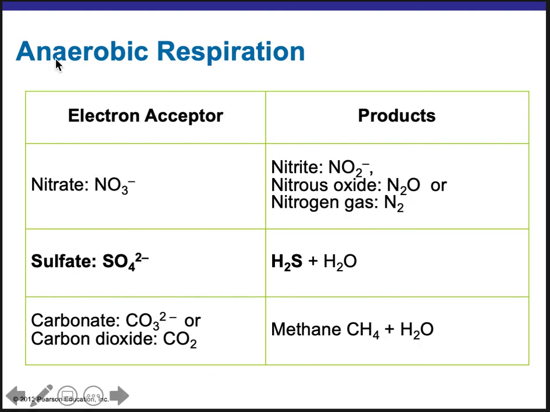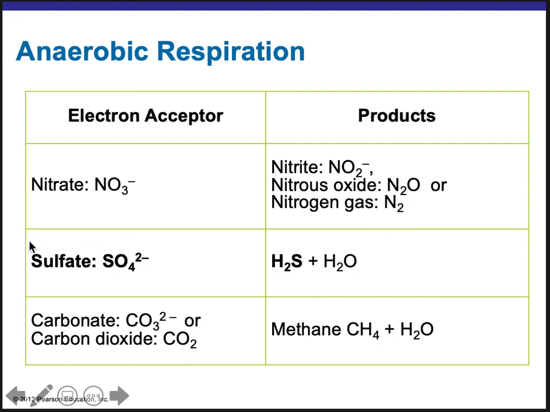Okay, so when you have anaerobes, they could use something like nitrate, and they can have different pathways. So sometimes certain organisms produce nitrite, others have pathways to produce nitrous oxide, and others still have a pathway to go all the way to make nitrogen gas. So I've put the molecule next to the name for you.